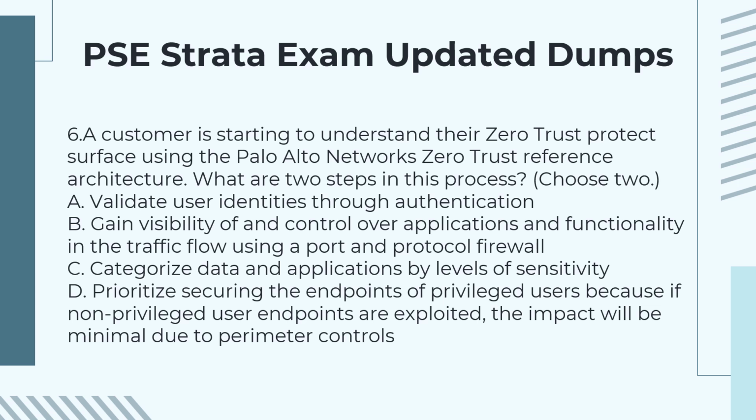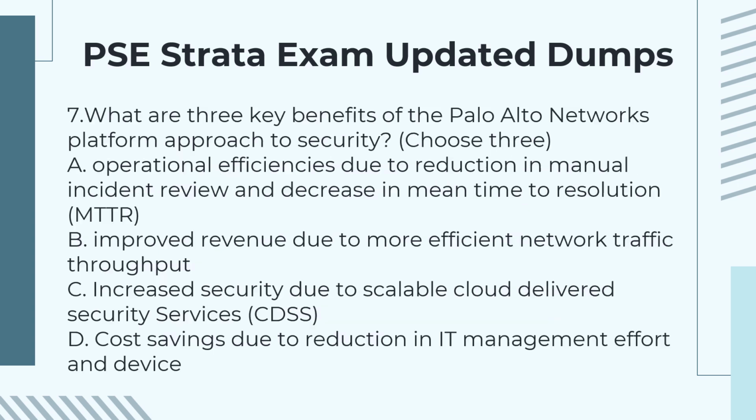B. Gain visibility of and control over applications and functionality in the traffic flow using a port and protocol firewall. C. Categorize data and applications by levels of sensitivity. D. Prioritize securing the endpoints of privileged users because if non-privileged user endpoints are exploited, the impact will be minimal due to perimeter controls.